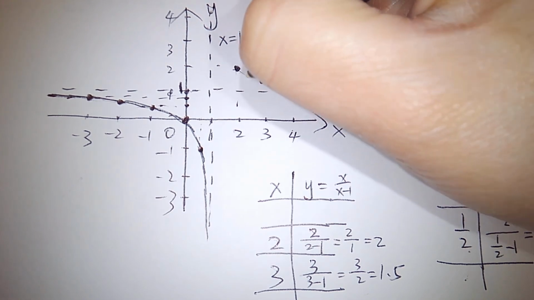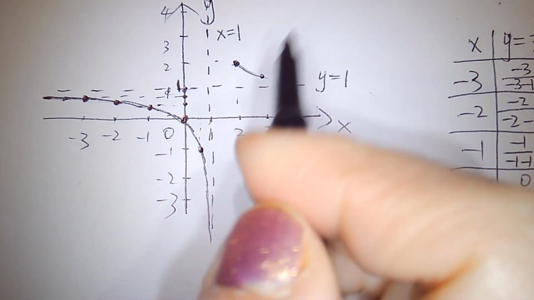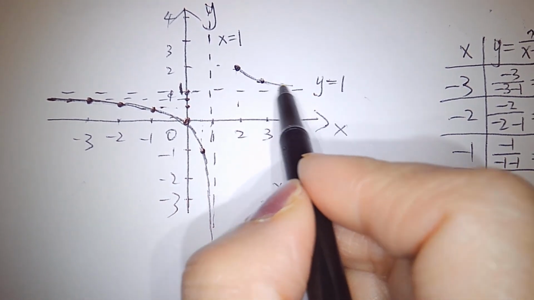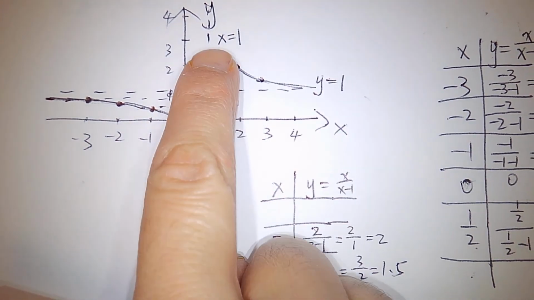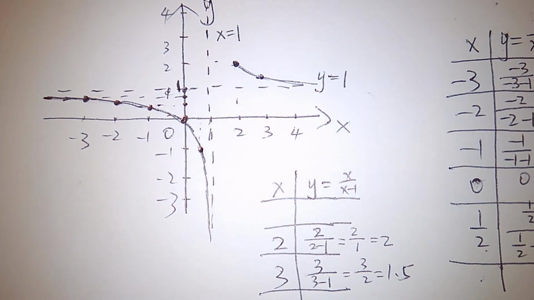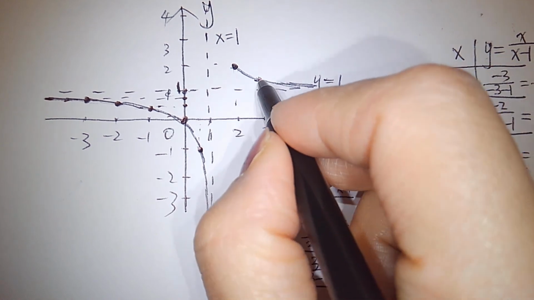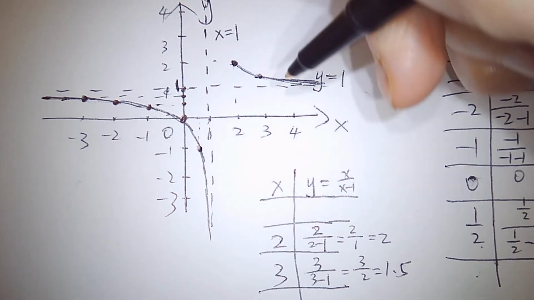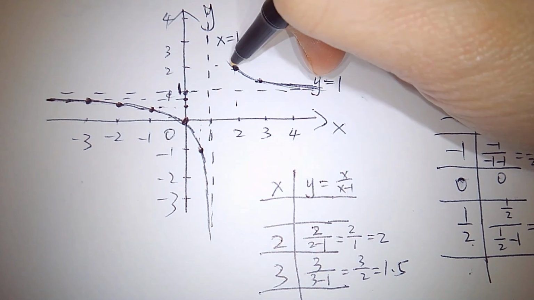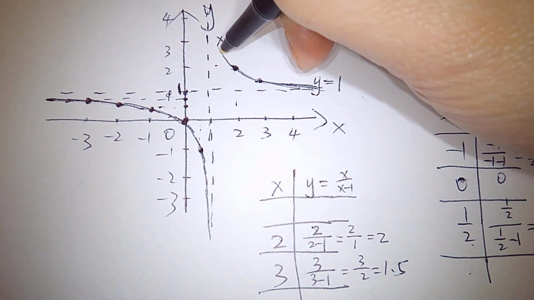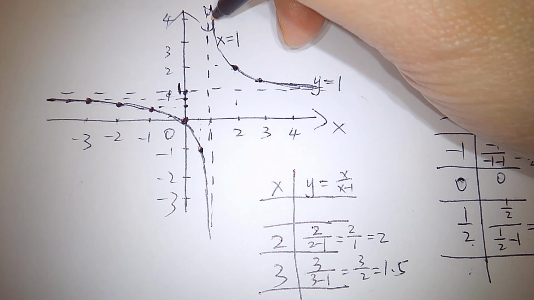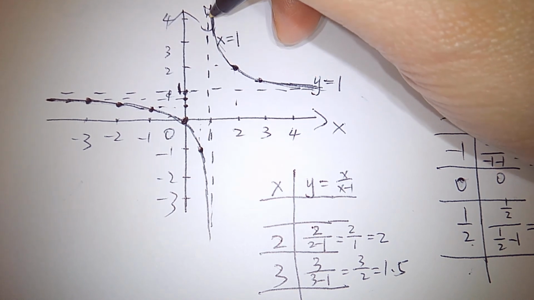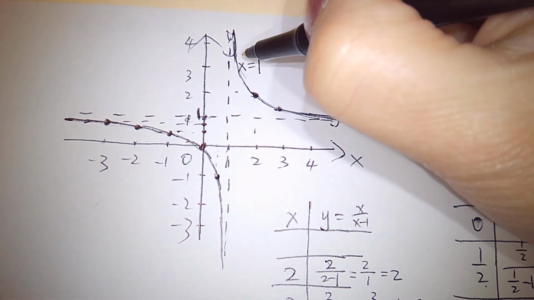However, what I know is we know the graph decreases, and when x goes to infinity, y goes to 1, right? Also, when x is getting closer to 1, the y value goes to what? Positive infinity.